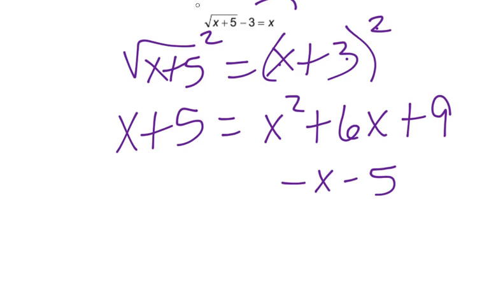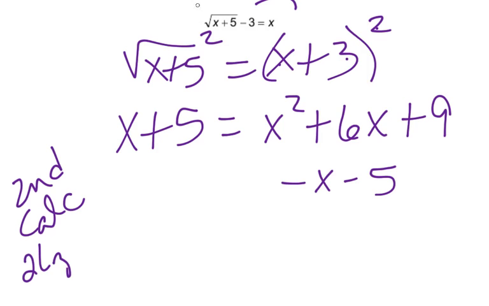It's where y is 0. This one does not, so you're going to have to use your calculator, and you're going to go second calc, number 2 for 0, second calc 2 for 0. Get before and after. You notice that this one does not touch. That means there are no real roots, which means you're going to have to use the quadratic formula.